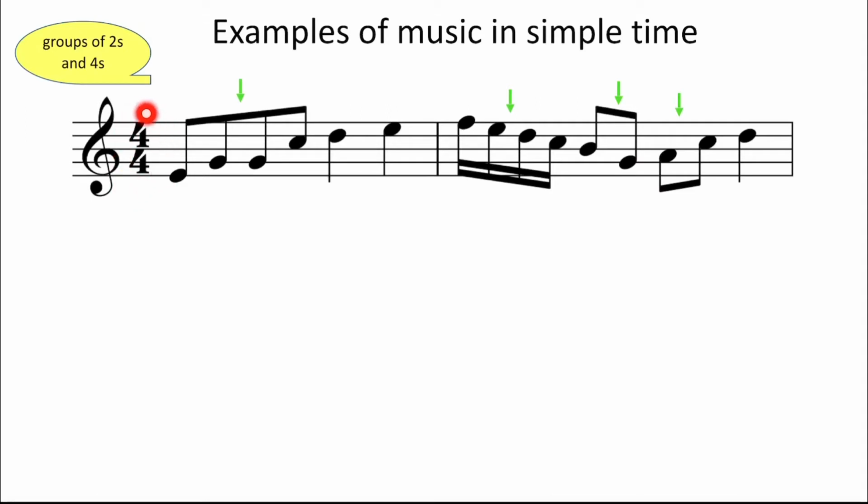Now we know that it's in simple time because of the time signature. But if that time signature wasn't there, and they sometimes leave that out in a higher question, and are saying to you, is this music in simple time or is it in compound time? This is what you're looking for. So you're looking for how these notes are grouping together. Grouping in 4s, yes. Here, yep, group of 4. Or 2s, yes. Simple time.